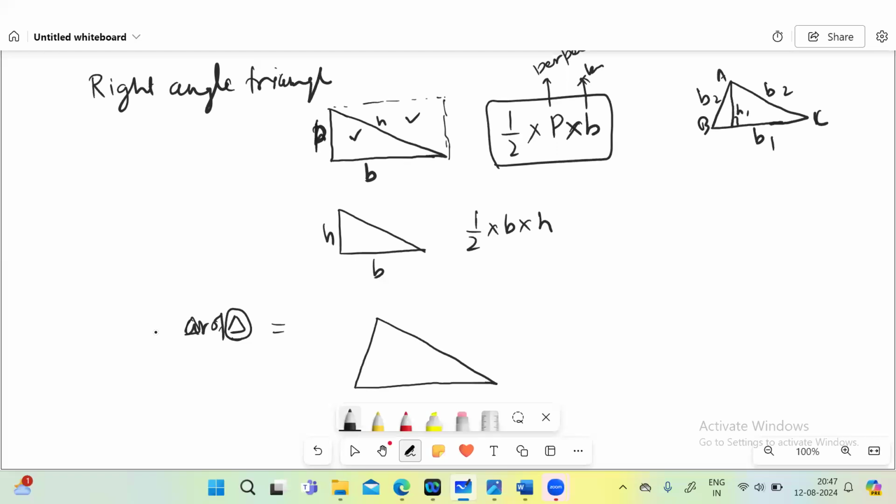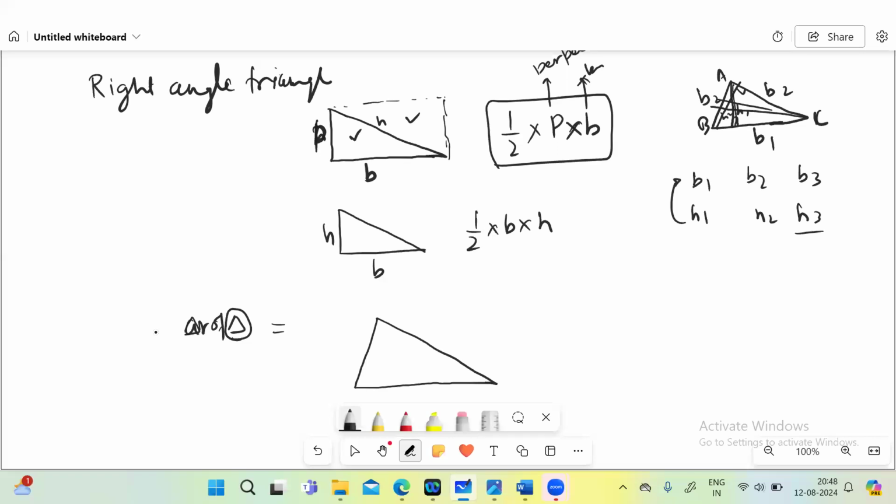Every triangle will have three sides, which can be considered as three bases of the triangle, and every triangle will then have three corresponding heights. So h1 will be the height for base 1 only. Similarly, h2 will be the height for base 2 only, and h3 will be the height for base 3 only.